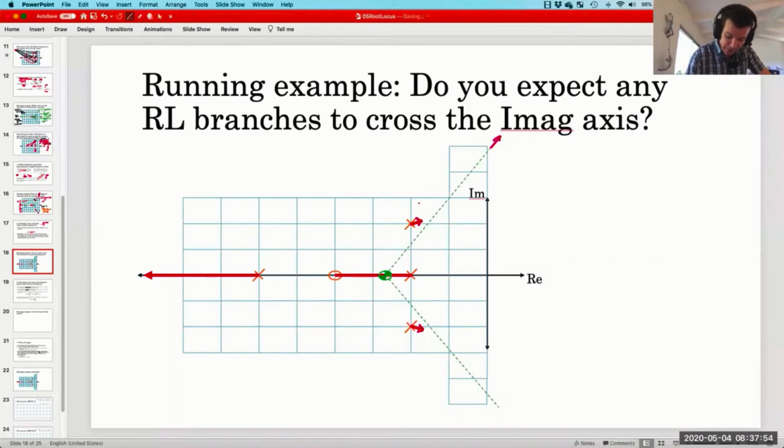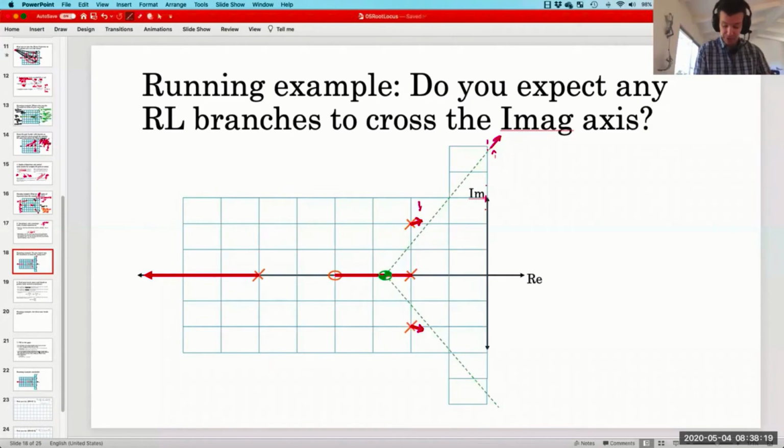And so the only way to get from here to there is to cross this axis. This question is just to get you to think, do you even need to do this procedure? Because this procedure is actually quite long and drawn out. If you can argue that you don't have to do it, like if your asymptotes never go into the right half plane, then don't do it, because it's kind of a pain.